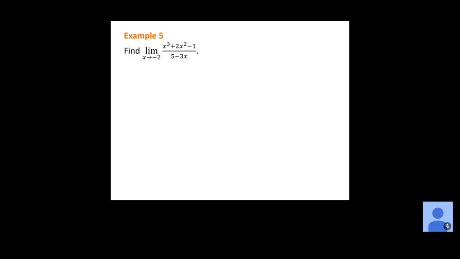Do we need to factor the numerator this time? This time we can just direct substitute, right? Because it's not going to give us 0 in the denominator, so we don't need to simplify anything. We can just plug straight in. So that's all I have to do here. So we're going to get -2 to the third power plus 2 times -2 squared minus 1 all over 5 minus 3 times -2.